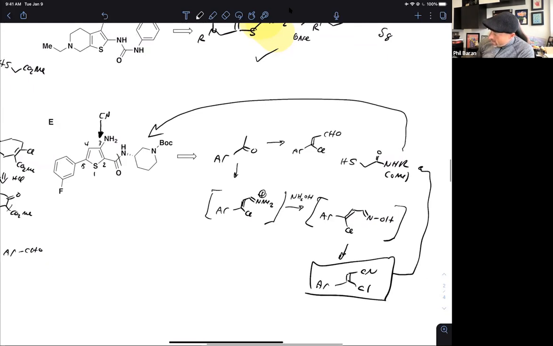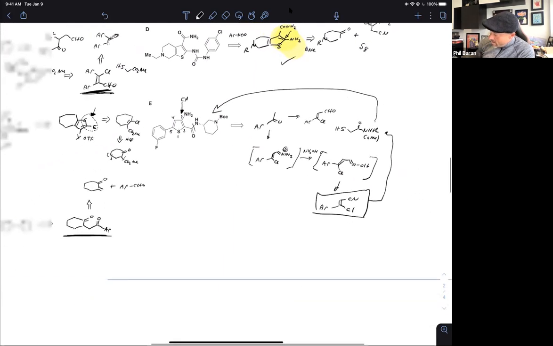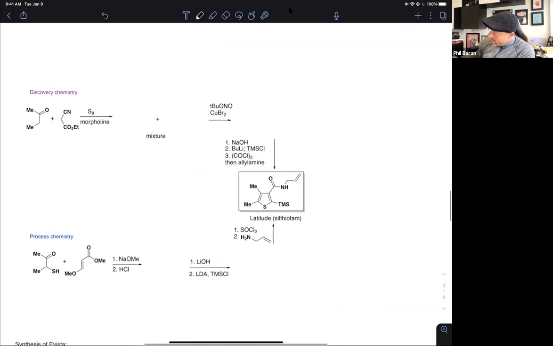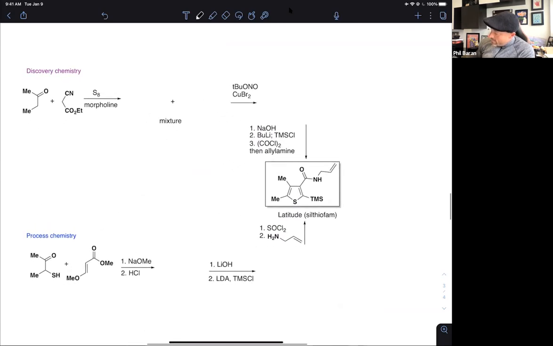So it doesn't always work, but if it's next to a heteroatom, it works 99% of the time. If it's just in a random carbon, it doesn't always work. But just conceptually thinking about where the hidden nitrile might be can often lead you to extremely simplified ways of making molecules. So let's take a look at this interesting fungicide called silthiofam.